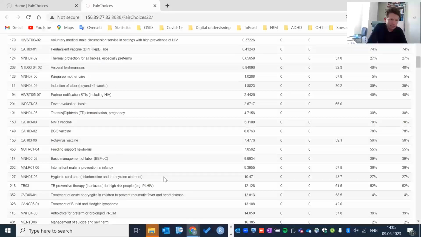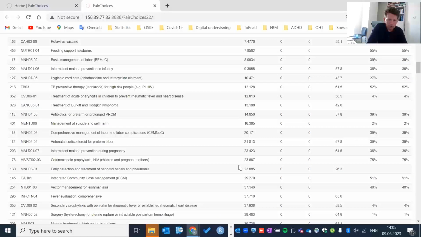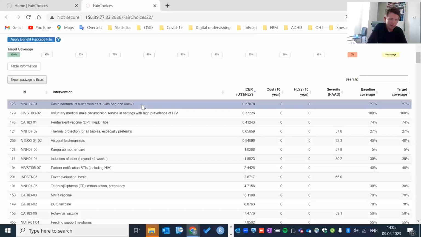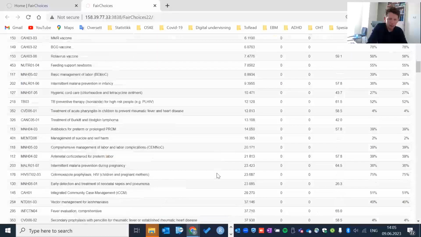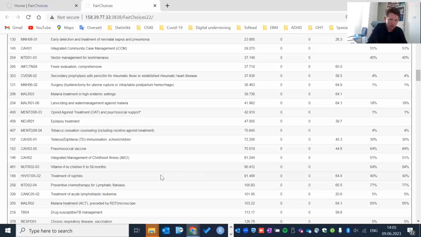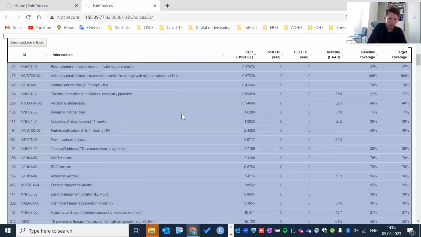And we can see that it's the maternal neonatal child health interventions that are the most cost-effective interventions, and they have ICERs more or less below $100 per healthy life year. And you could then, if you have $15 per capita that you could increase the health budget, we could maybe stop at the willingness to pay threshold at $100 per healthy life year, and then all these interventions would be what you could afford.